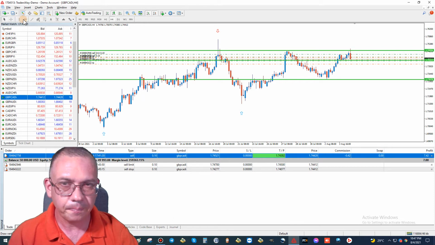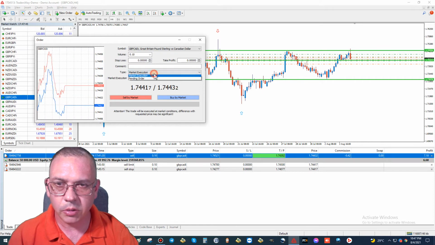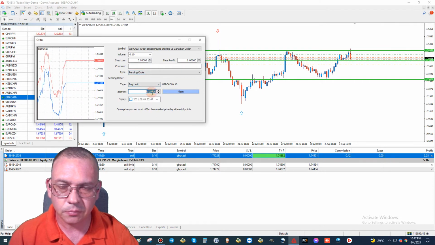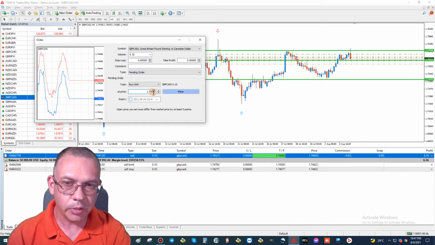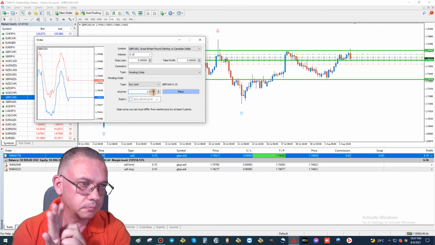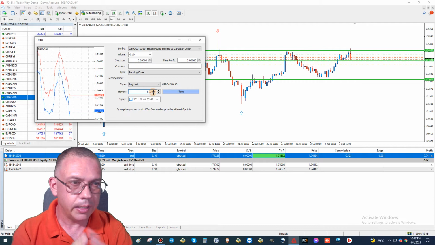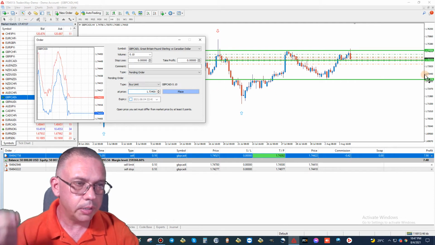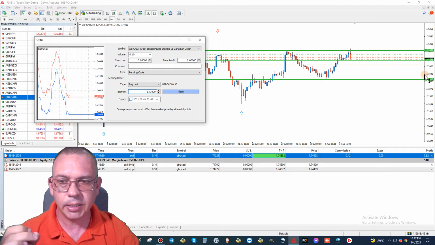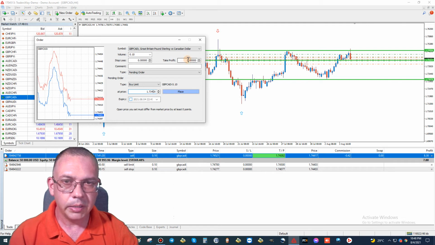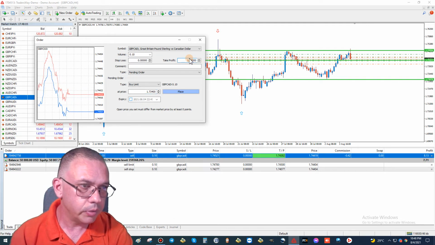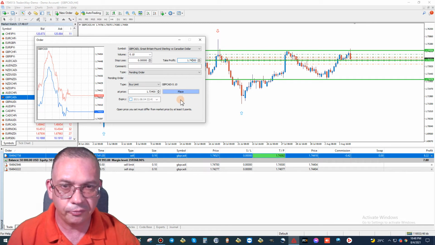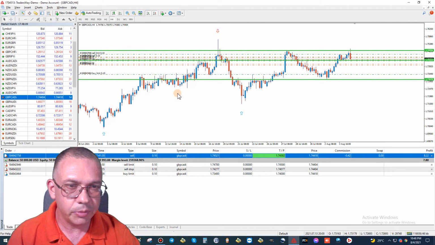Now I'm going to hit a new order and choose buy limit, and I'm going to put this at 1.73400. That's going to put it right in here, right below that tick mark. Then take profit I'll put at 1.74. That's going to give me some decent profit right there.